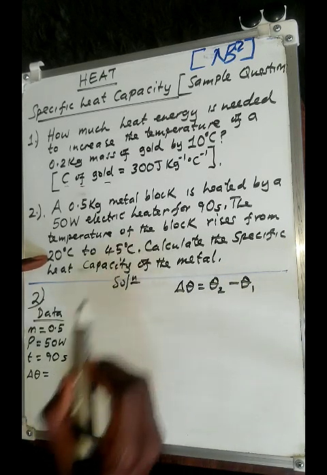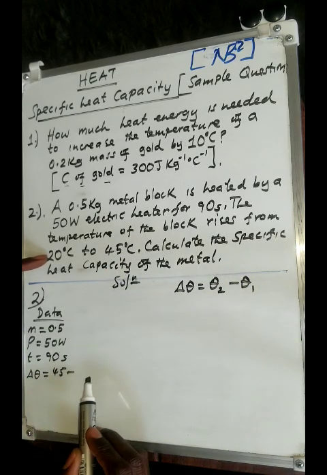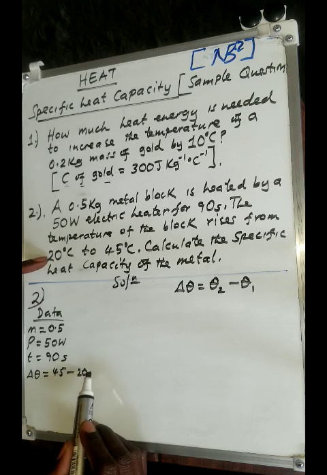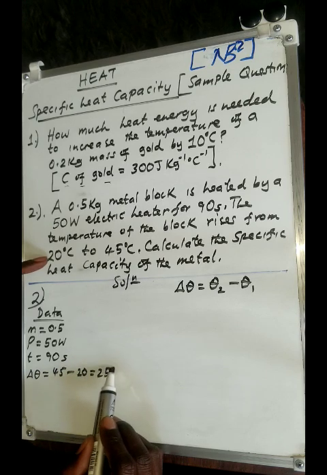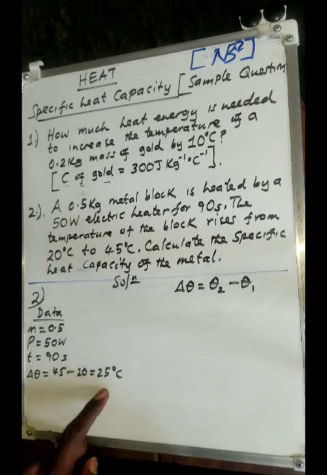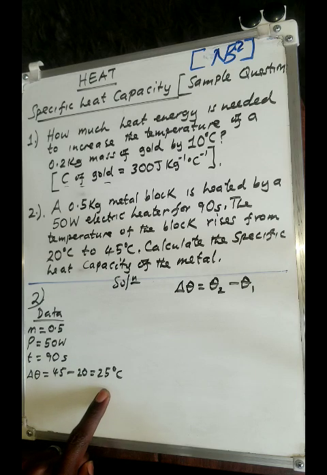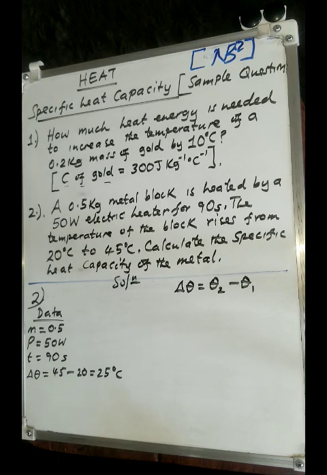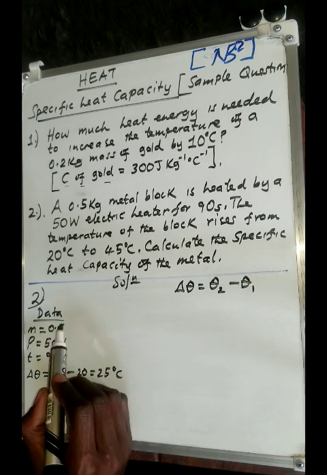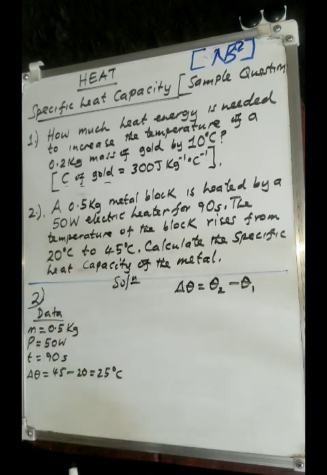So the final temperature is 45 minus the initial temperature, which is 20. When you subtract, it will give you 25 degrees Celsius. That is the change in temperature. In other words, that was the rise in temperature that we are having there. The mass is in kg.